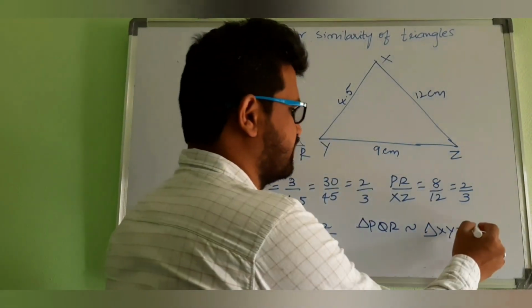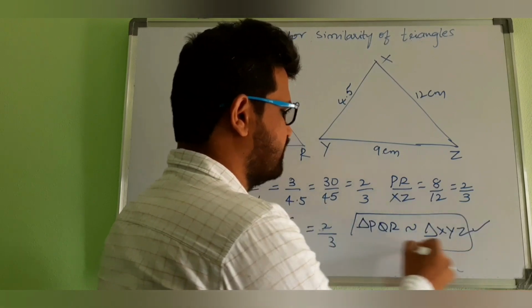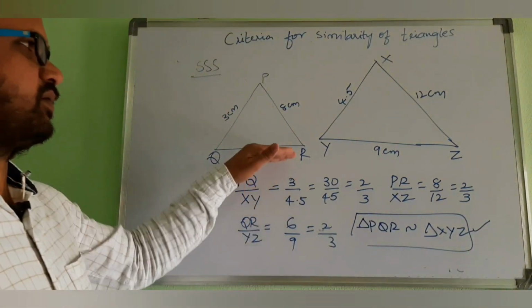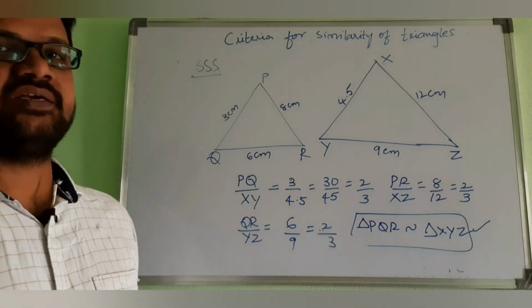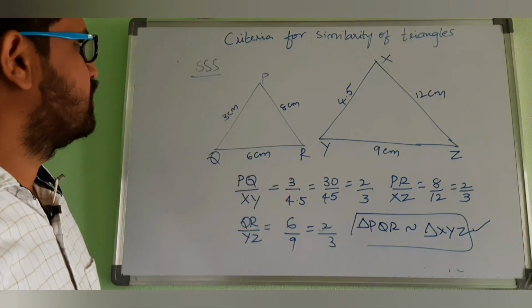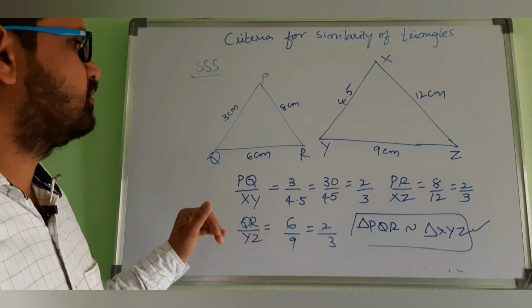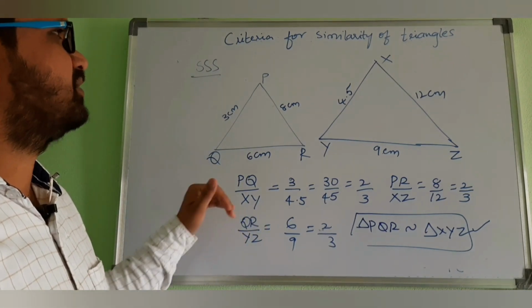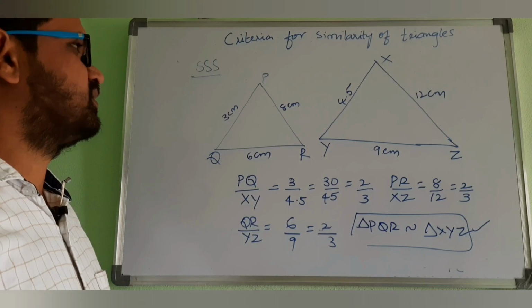So this is correct. In the exam they may ask for 1 mark: they will give the figure and ask you to write the similarity condition. Then you have to be ready. So this is the SSS criteria of similarity.